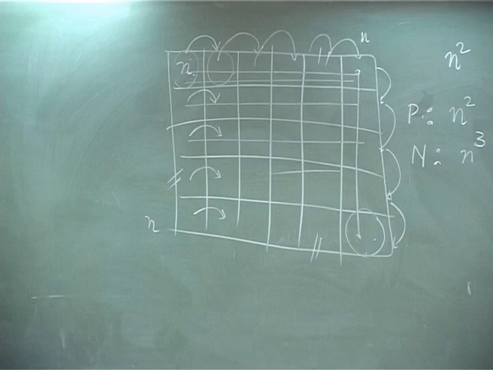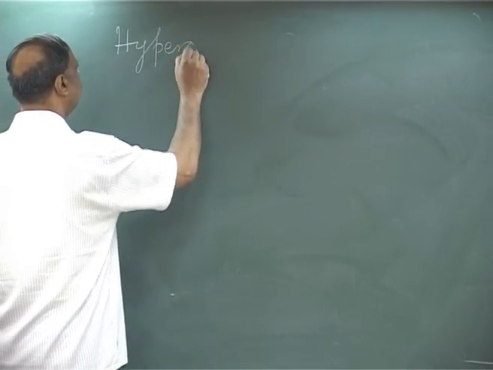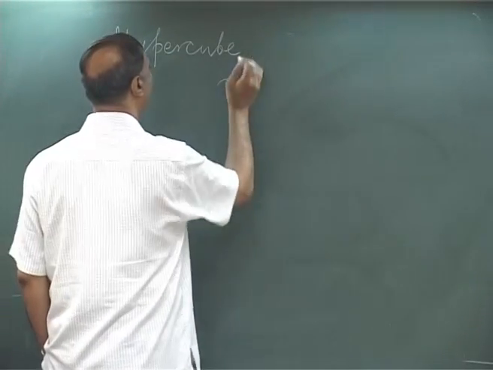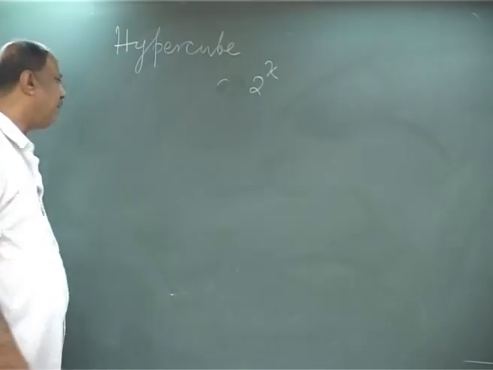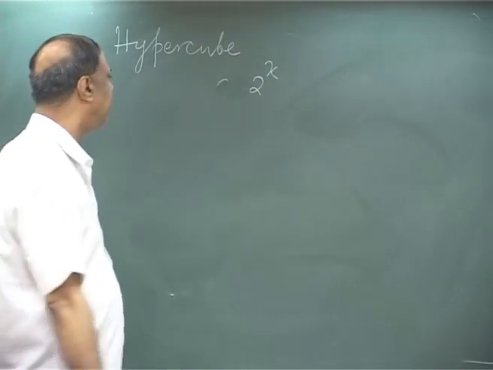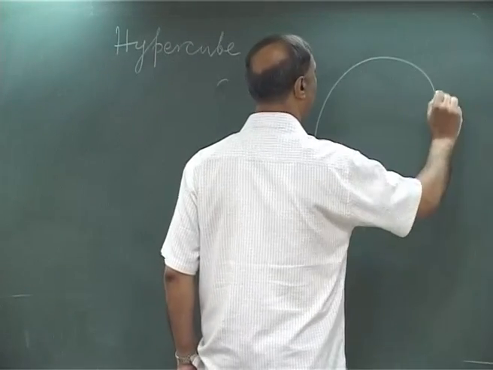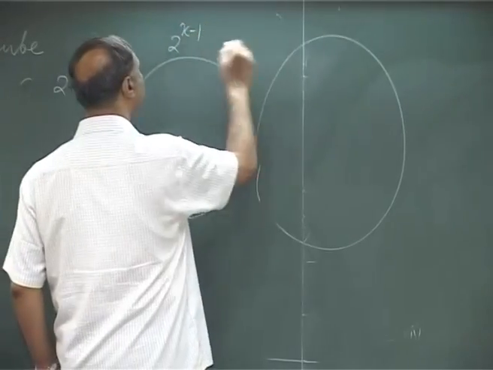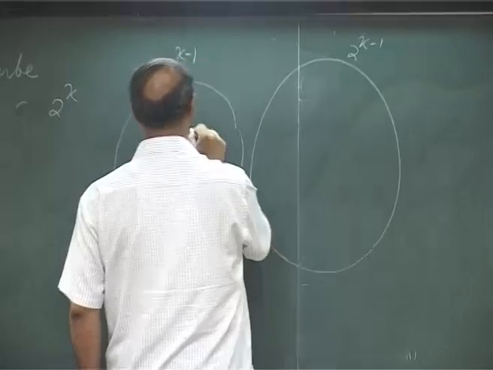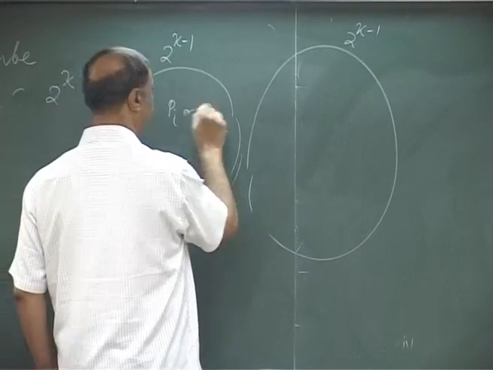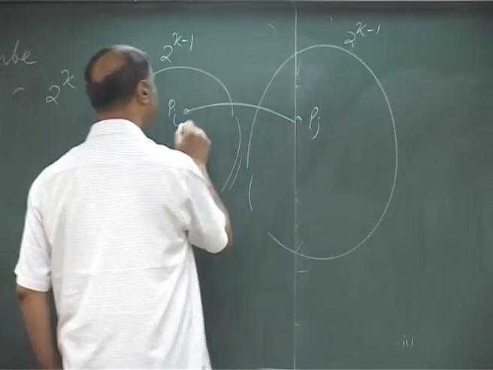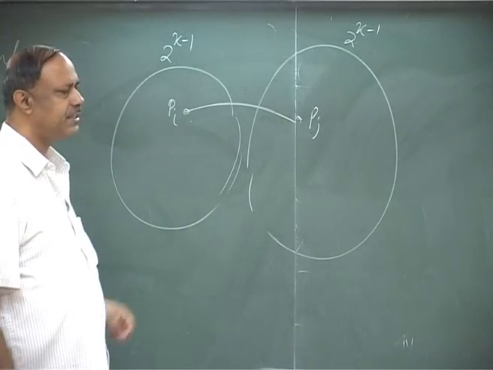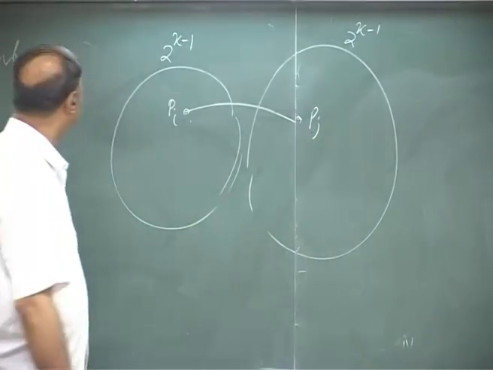Next model is Hypercube. That is a very simple idea, because we know that if you have a Hypercube of dimension k, of 2 to the power k processors, this can be thought of as the combination of two sub-hypercubes, each of size 2 to the power k minus 1, and for one Pi, it is connected with Pj, where the MSB of these two binary representations will be differing, right?